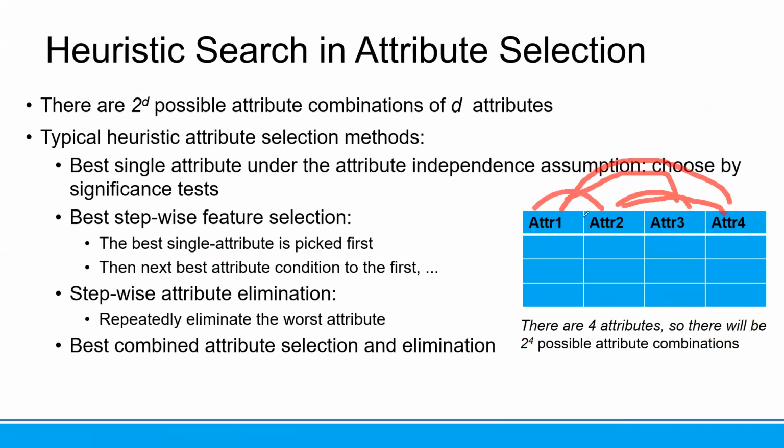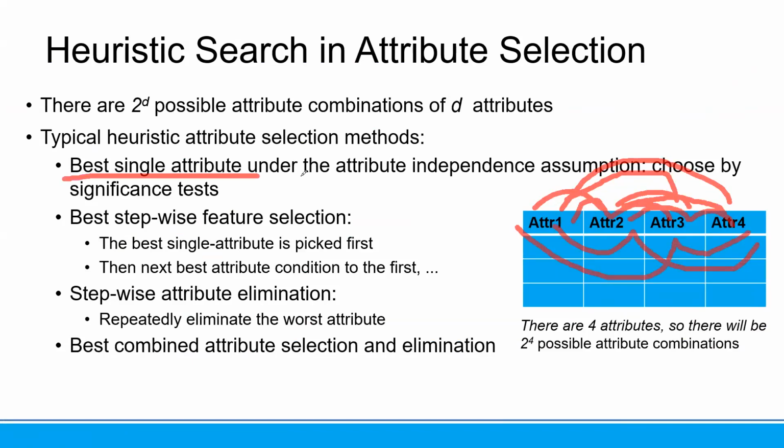Then 1, 2 and 3, 2, 3 and 4, 1, 2 and 4, 1, 3 and 4, and so on. So there will be 16 combinations, because this is 2 power of the number of attributes. So there can be many ways.